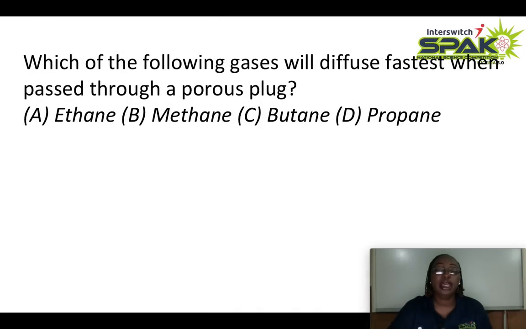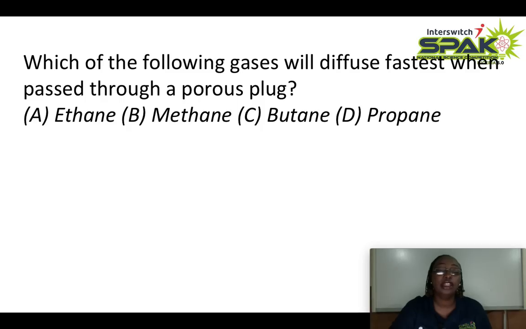Which of the following gases will diffuse faster when passed through a porous plug? Diffusion has to do with how light a species, element or compound is. So if you look at the options carefully, which one do you think is the lightest?